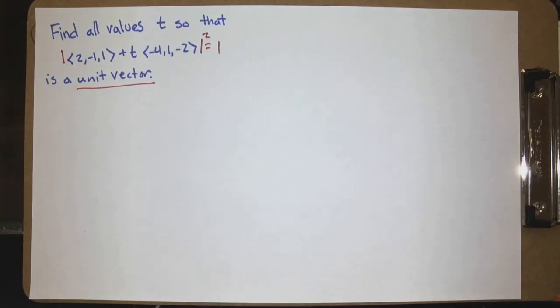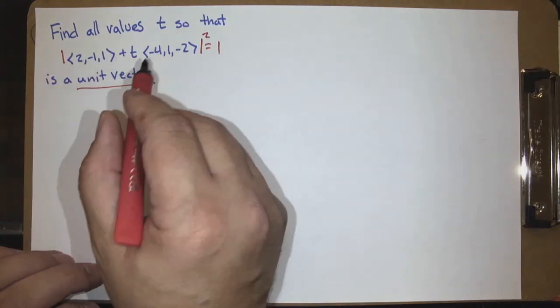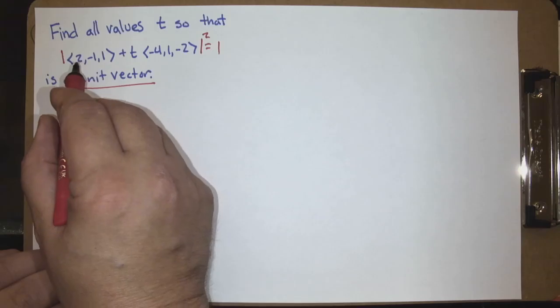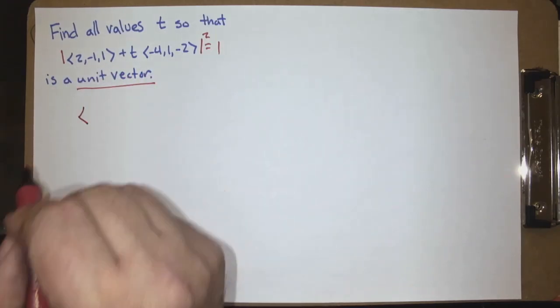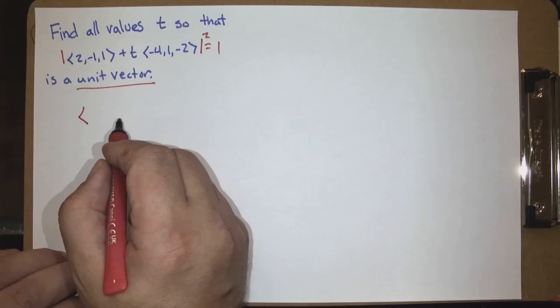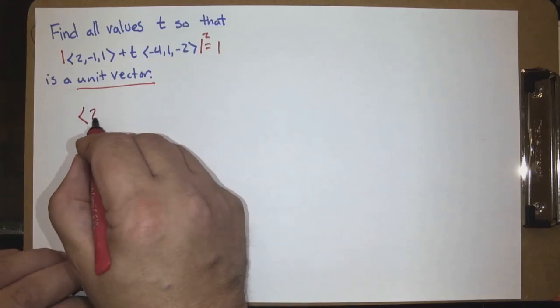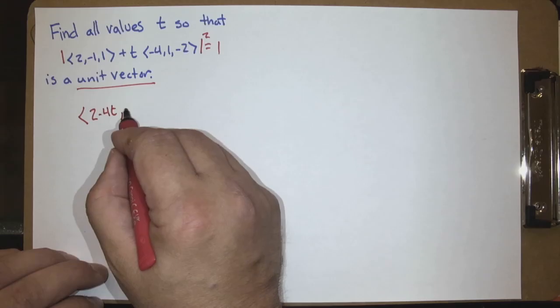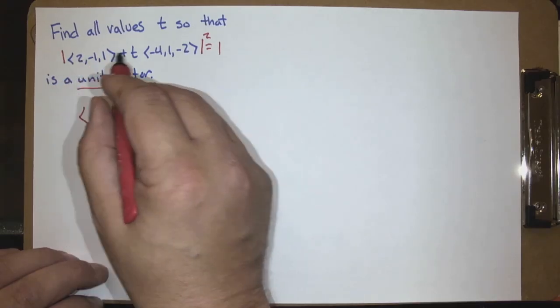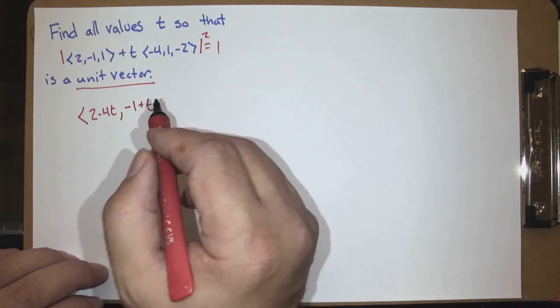All right, now we say, well, but wait, Steve, hold on. We can't just square that yet because we need to put that as one vector. Okay, so let's put it as a vector. So as a single vector, what would the first entry look like? 2 minus 4t. The second entry? Negative 1 plus t, or t minus 1.